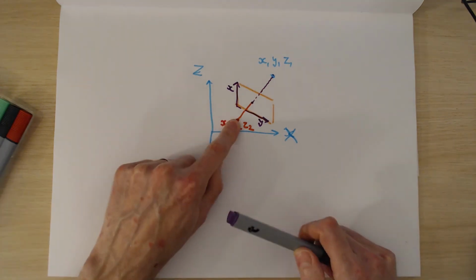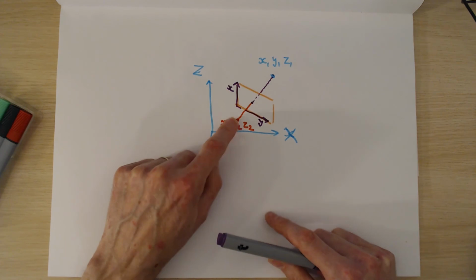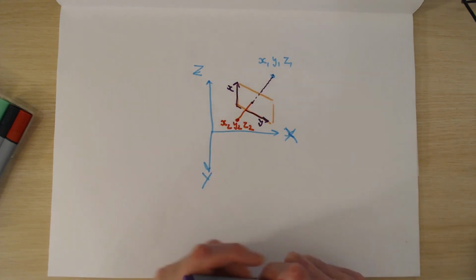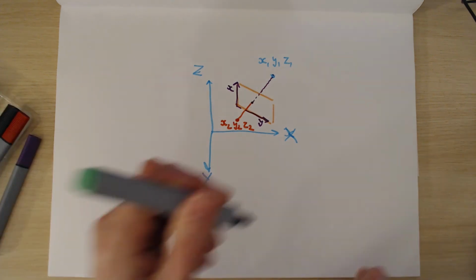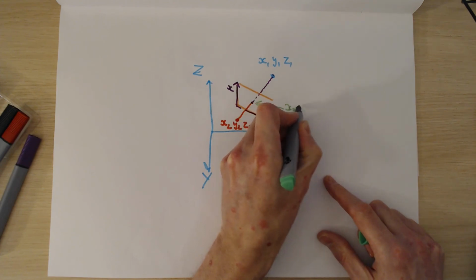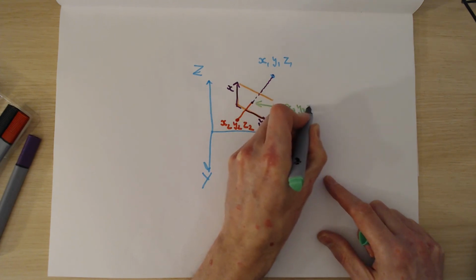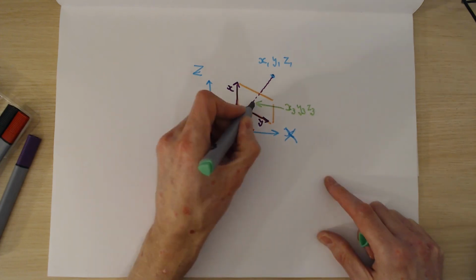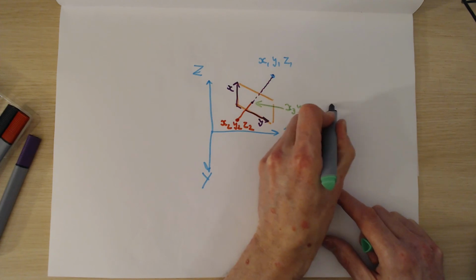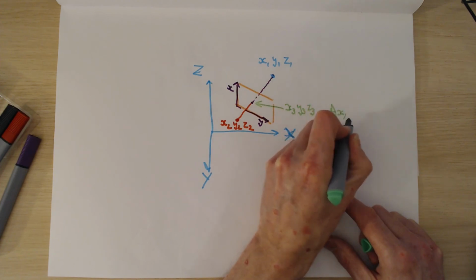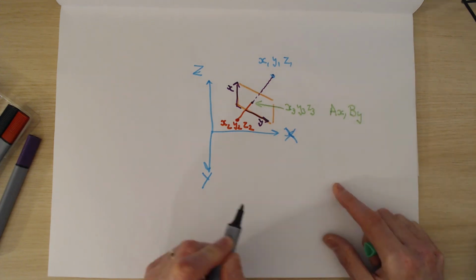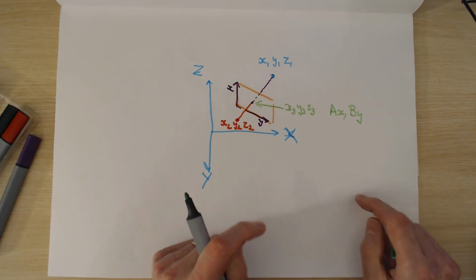So how do I render this point from this point to here? How do I find out what that point is? Let's give that a name. That point there is called X3, Y3, Z3. Or in terms of this screen here, it's something like big A X by, say, big B Y in this coordinate system.